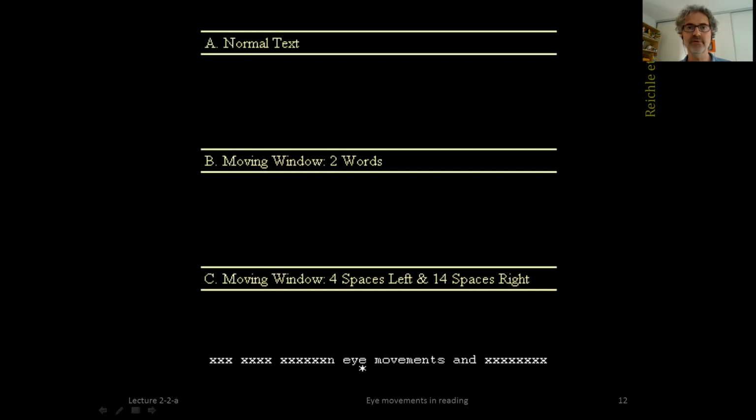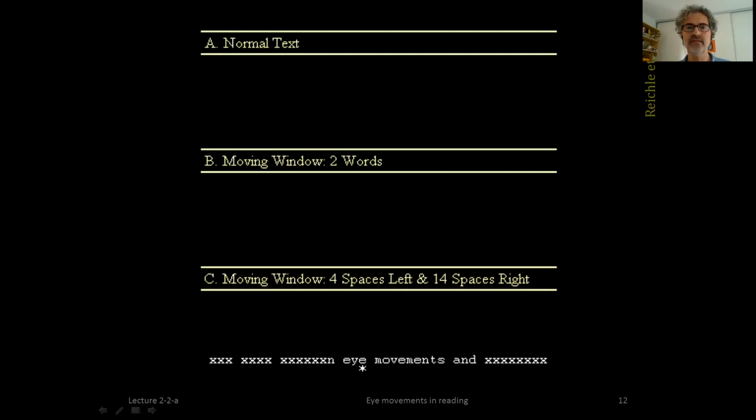So researchers have used this, and by varying the number of words or the number of letters that they're presenting to participants in this display adaptive way, they have been able to determine the extent of the region from which we extract information when we read, which is about 4 letters to the left and 14 to the right for skilled readers. And it does vary with language.